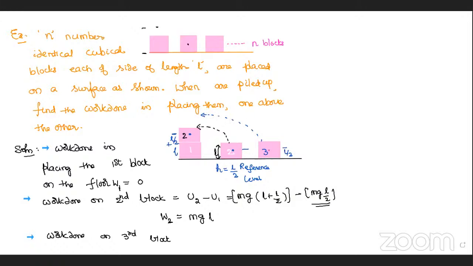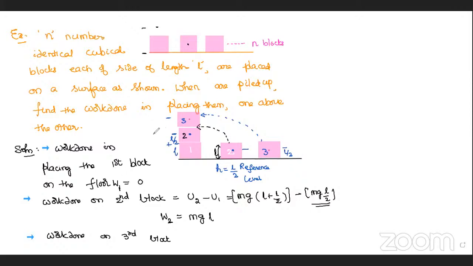Observe, when I place the third block here, when it is piled up, the center of mass comes to here, right? This is the third one. Center of mass comes to here means L plus L plus L by 2.